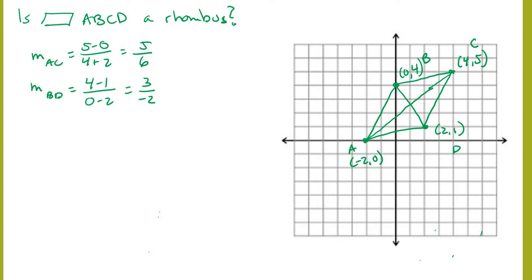And what's the rule to determine whether or not these are perpendicular? Well, the slopes have to be opposite reciprocals. We can see that 5/6 and -3/2 are not opposite reciprocals. Therefore, this is not a rhombus.